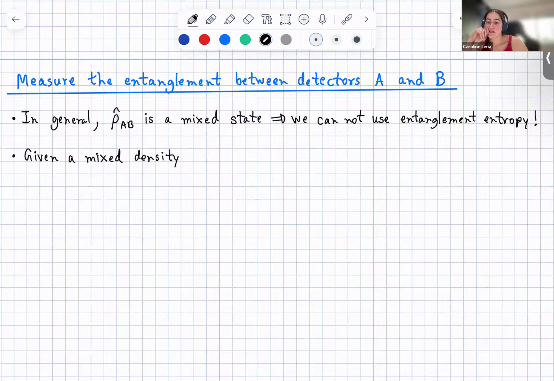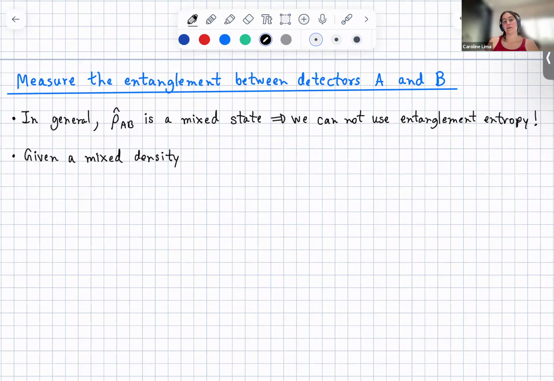Pedro, yes, you can think of that as, because basically to see entanglement, how we use entanglement entropy to measure entanglement is we take the entanglement entropy of the state of the two detectors, let's say, of the two parties, and then trace out one of them and see if that entanglement entropy increases or not.